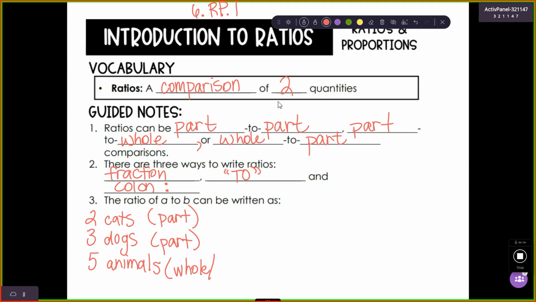So sometimes you'll hear me say total instead of whole. And whole and total mean the exact same thing. Does that make sense? Yes. Another way we could say this is we found the sum of our 2 parts, right? Sum means to add. Good job. All right. So we are going to write it with numbers first because I think it will be easier for you to recognize this with actual numbers instead of A and B. Okay?